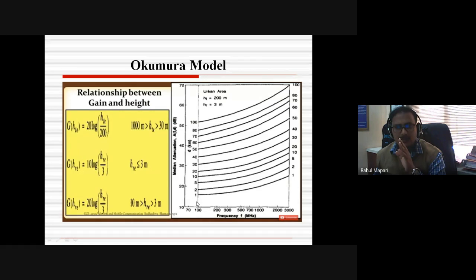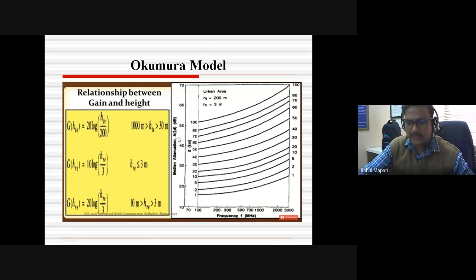Now there are two y-axes. The first y-axis is the distance D between the transmitter antenna and receiver antenna. The second y-axis is the attenuation, A as a function of F comma D, mentioned in decibels.